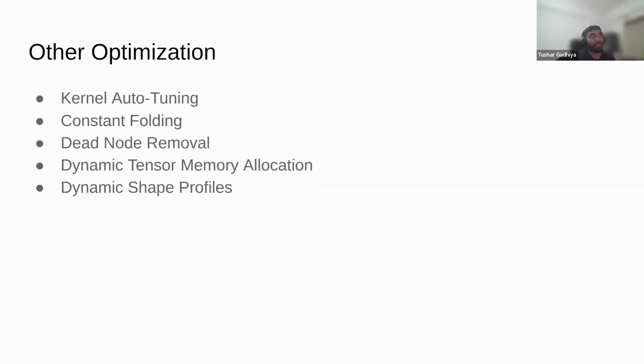But if your application needs a dynamic input shape, you can provide a set of shapes that are most likely to be received during inference, and TensorRT will try to optimize your engine for the set of shapes that you have given.